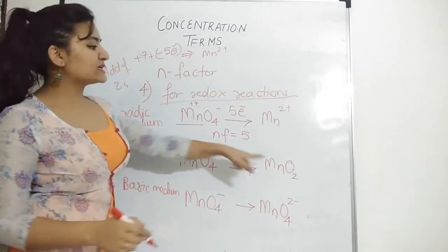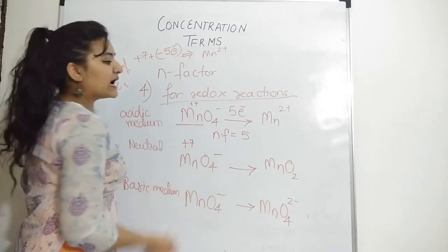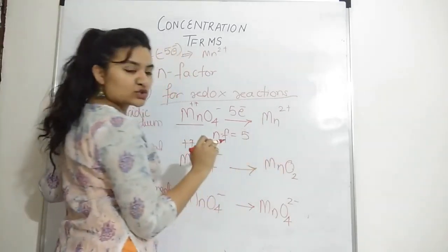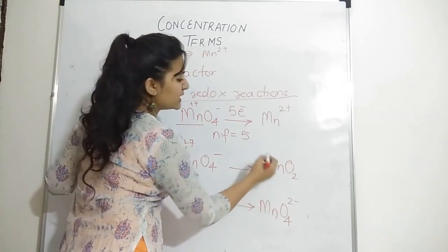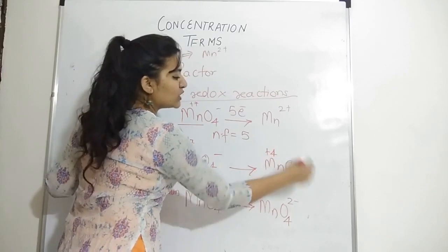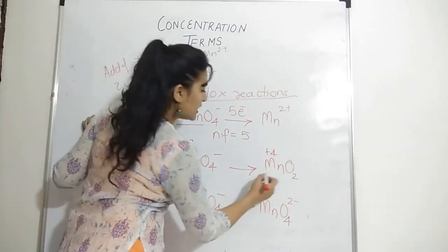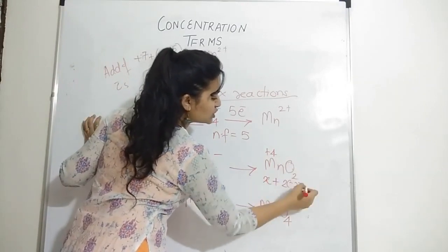Next, MnO4 minus to MnO2. Again, Mn has plus 7 charge, and in MnO2, what charge will Mn have? Because oxygen is minus 2, and minus 2 into 2 is minus 4, this has to be plus 4 because the overall charge on this compound is 0. How? Mn x plus 2 into minus 2, there is no charge, so 0.